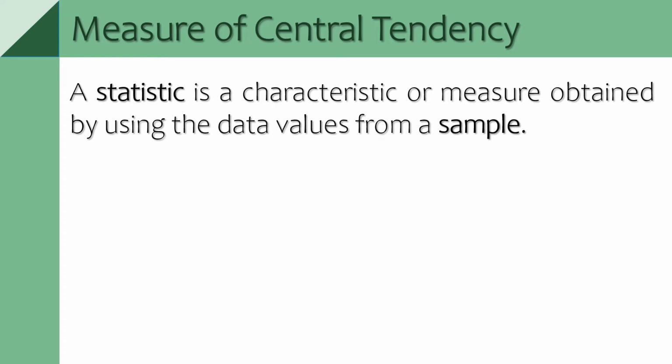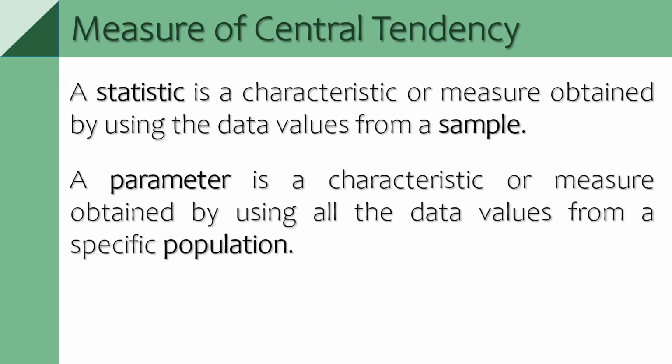Again, if we're about to use the sample, ang tawag sa measurement na yon is statistic. Parameter naman ang tawag kapag yung measurement ay obtained from using all the data values from the specific population.